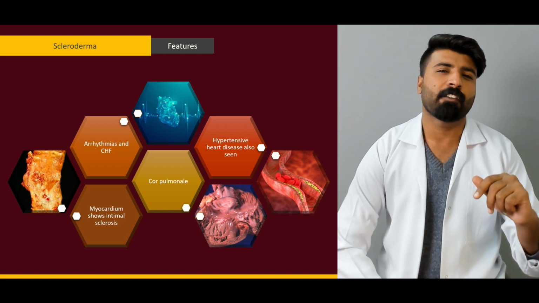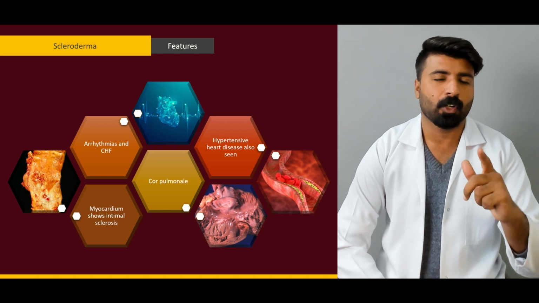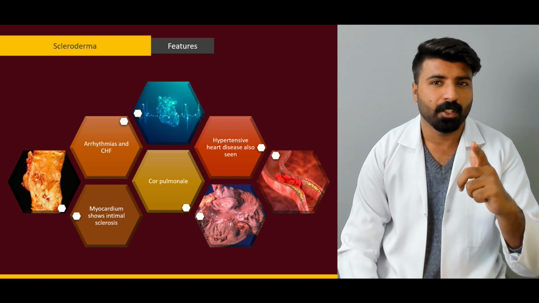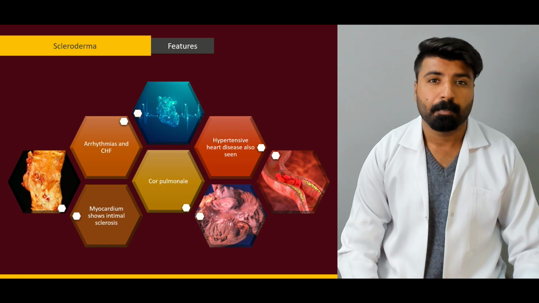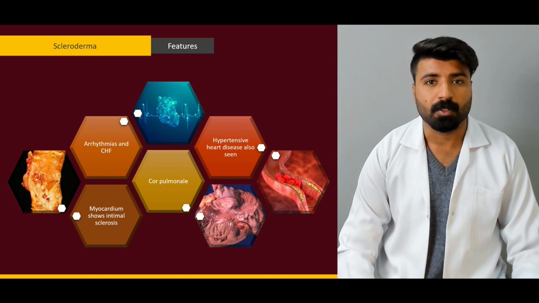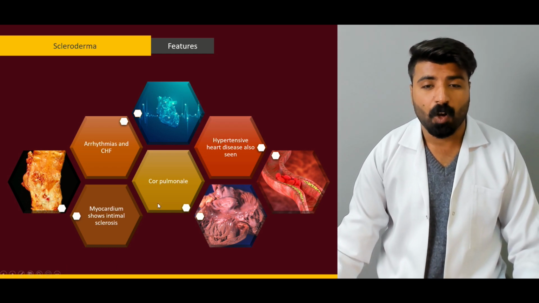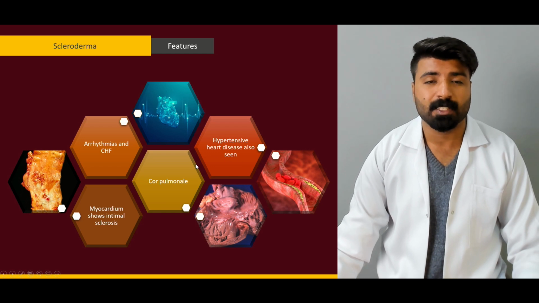When congestive heart failure is happening, what's going to happen? Cor pulmonale. Cor pulmonale is what? Right ventricular hypertrophy due to systemic hypertension or a secondary kind of hypertension, which happens due to the pulmonary vasculature. So cor pulmonale will come in. Now, after cor pulmonale, hypertensive heart disease is also seen.